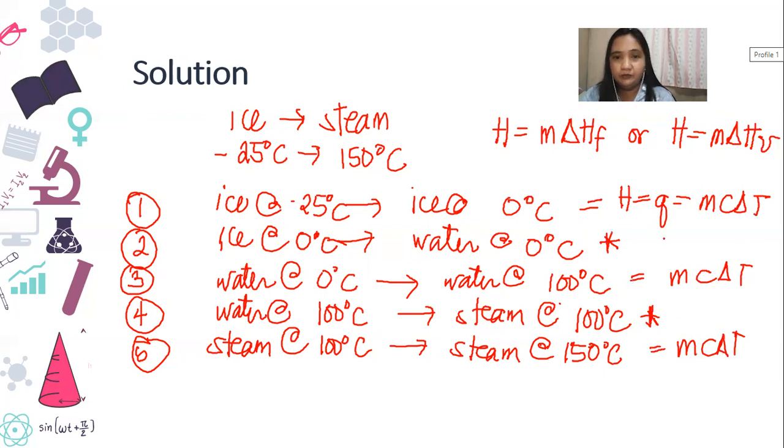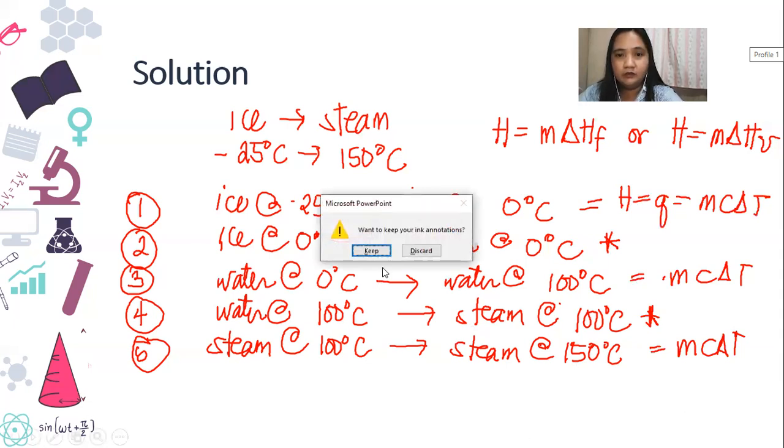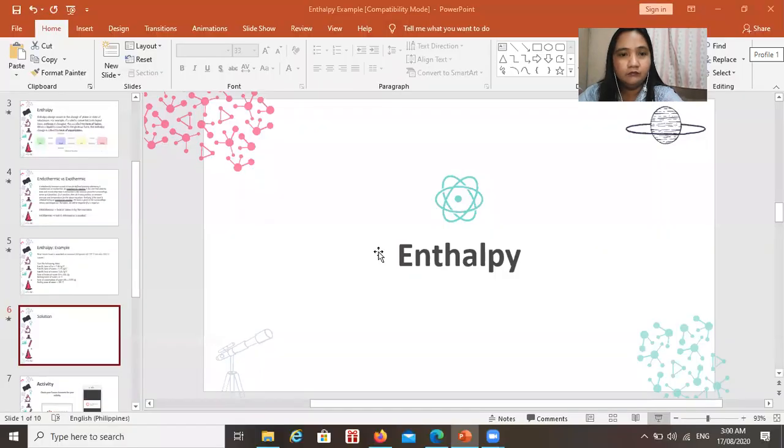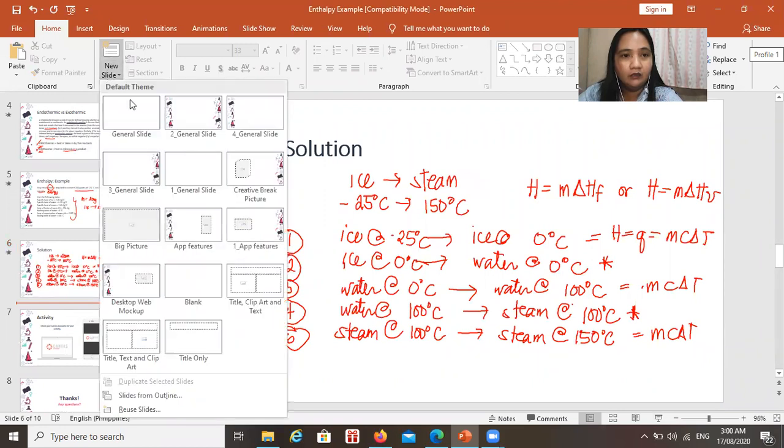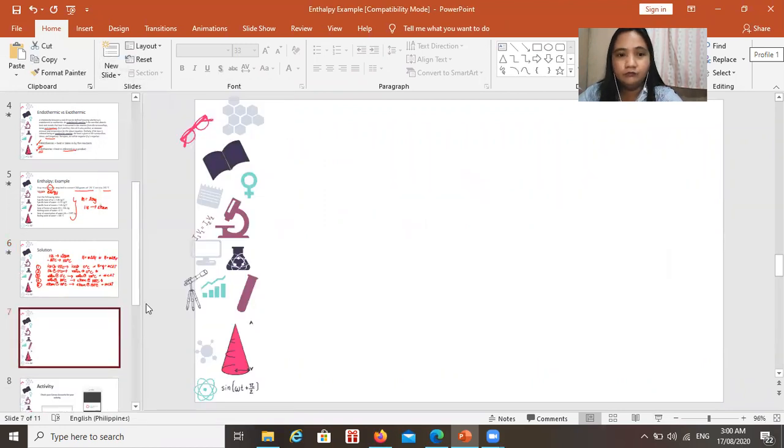And to get the total heat of this system, all you have to do is add Q1, Q2, Q3, Q4, and Q5. Okay, I hope you're getting that. Let me add a new slide here so that we can continue with the solution.